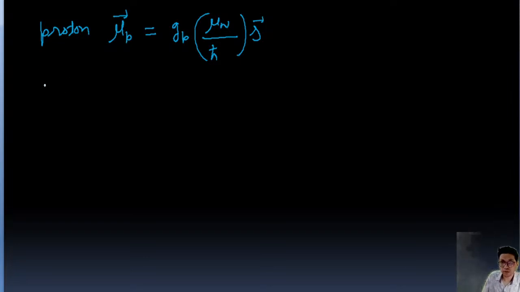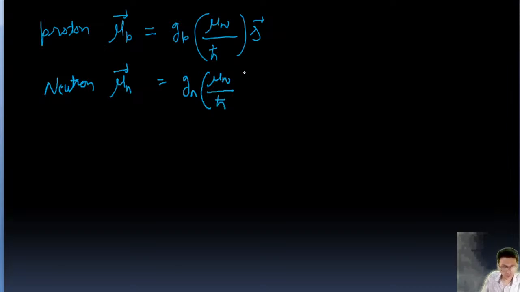And for neutron, mu n is gn into mu n upon h cut into s.